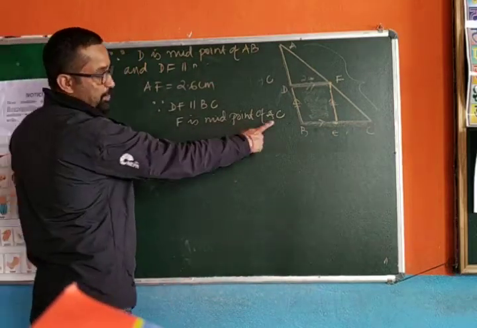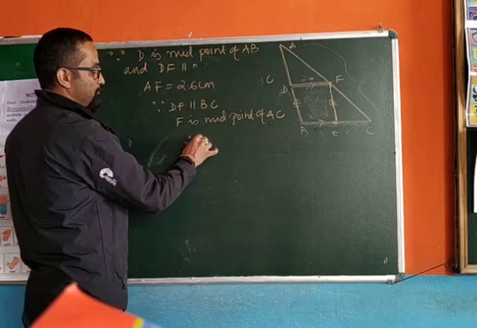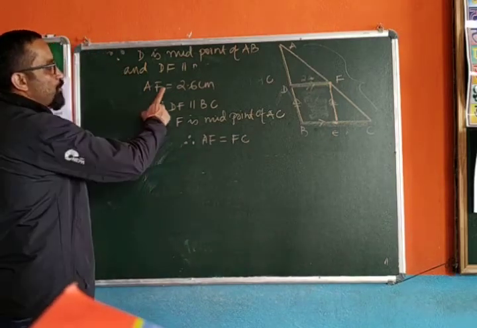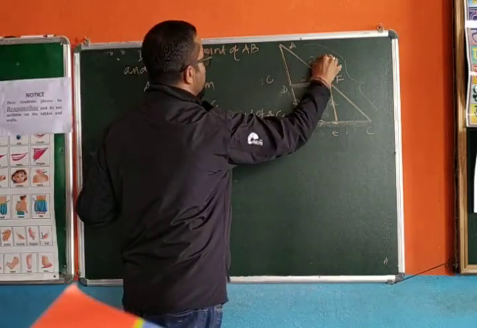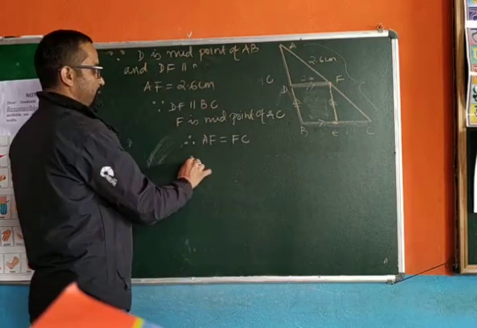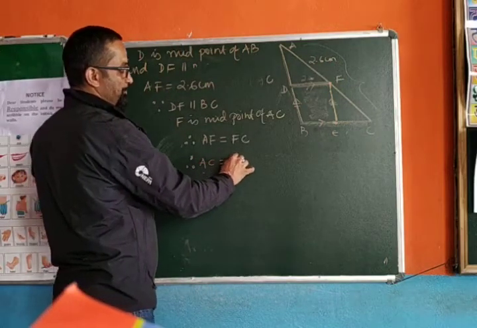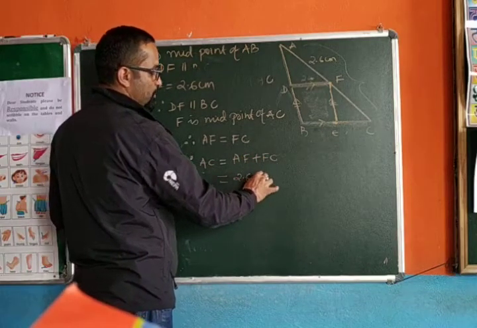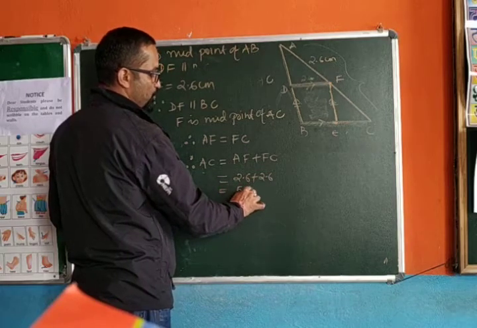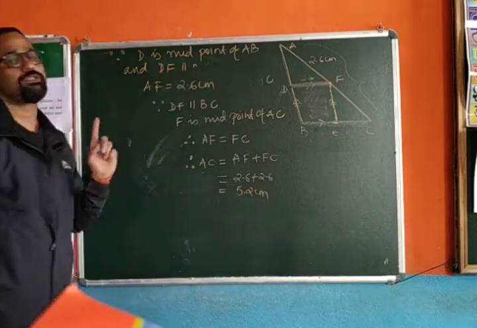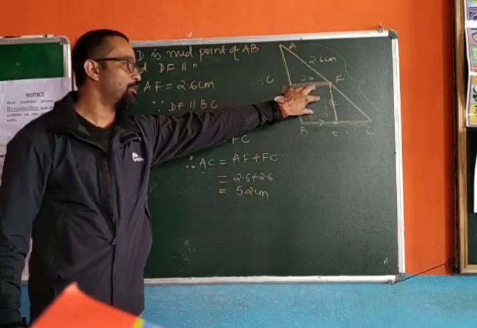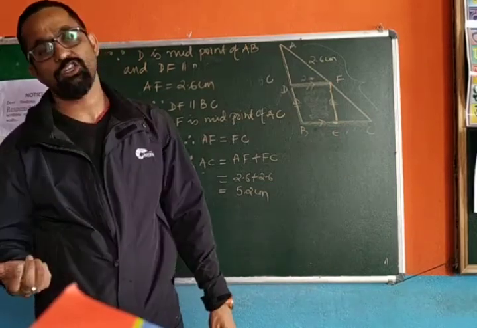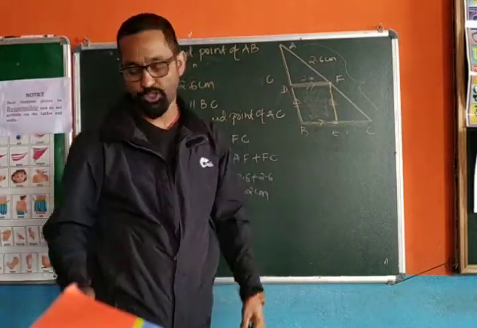So since F is midpoint of AC, therefore AF is equal to FC. And we know the length of AF is 2.6 centimeter. Therefore AC is equal to AF plus FC. Substitute 2.6 plus 2.6, which equals 5.2 centimeter. This is the proving of parallelogram and calculating the side using converse of midpoint theorem and midpoint theorem itself.